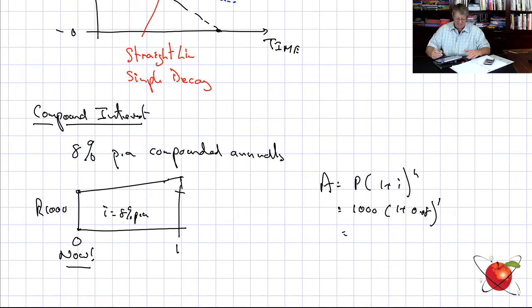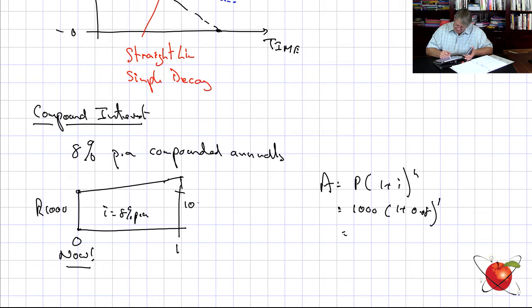And that gives us 1,000 times 1.08 to the power of 1. Sorry, I got a syntax error there. 1000 times 1.08, which is going to be 1080.